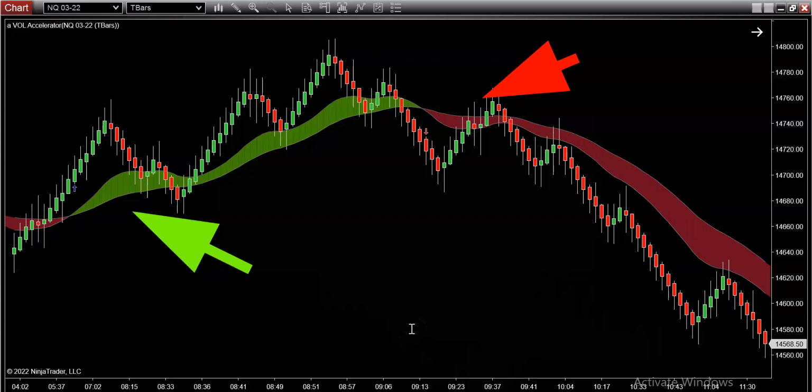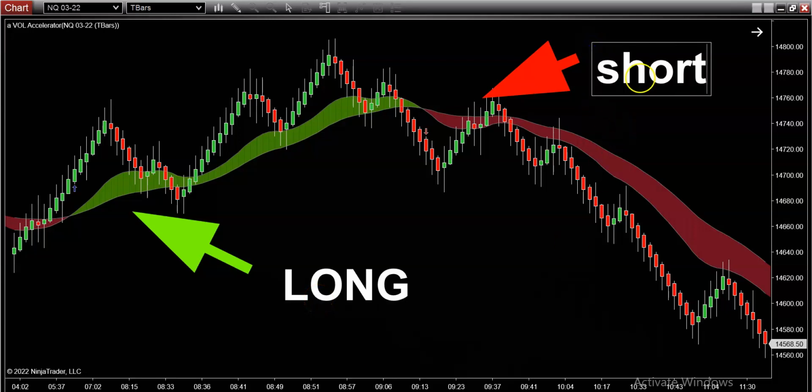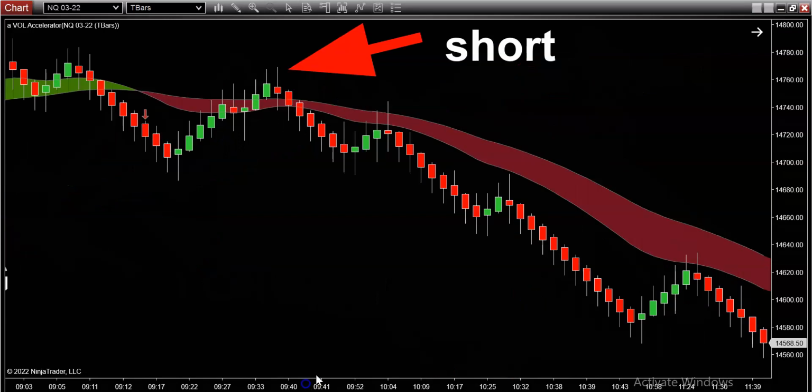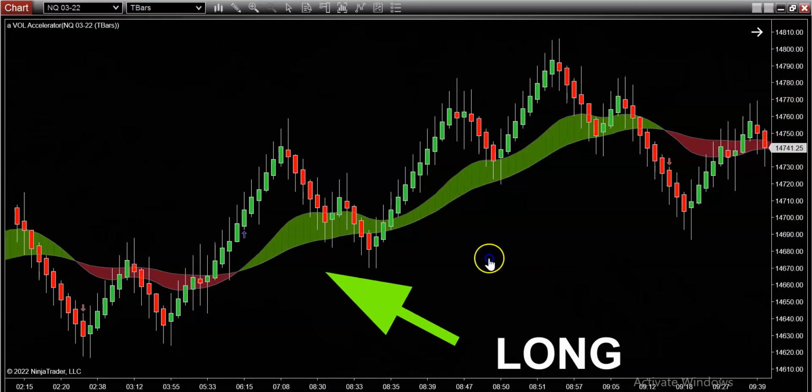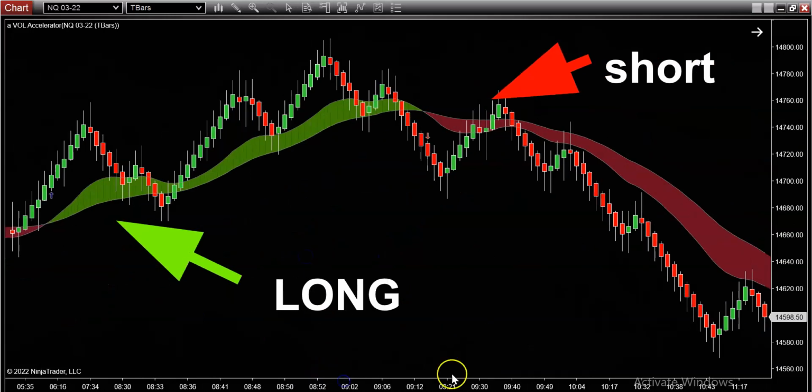We only had two signals in the morning session. All right, so this is what a long looks like, and this is what a short looks like. So guys, just so you know, this green and red color band that you see overlaid onto the chart is our proprietary volume-based indicator. Again, for those of you that are not in the know, this is essentially a trend following strategy.